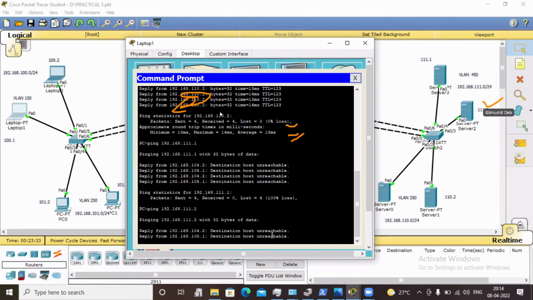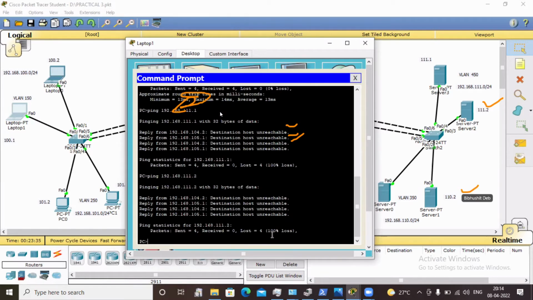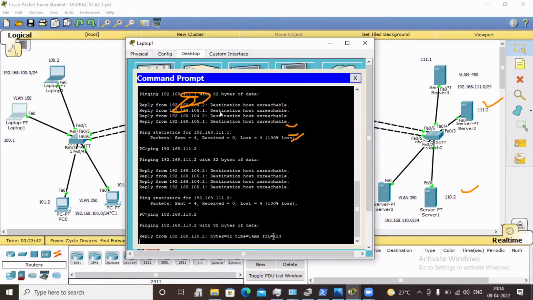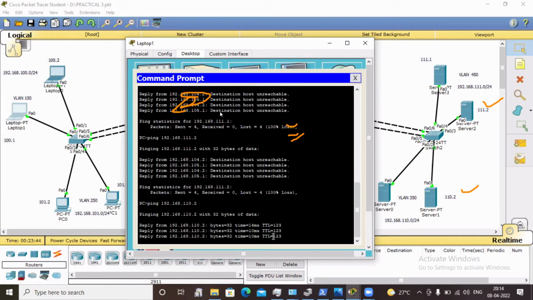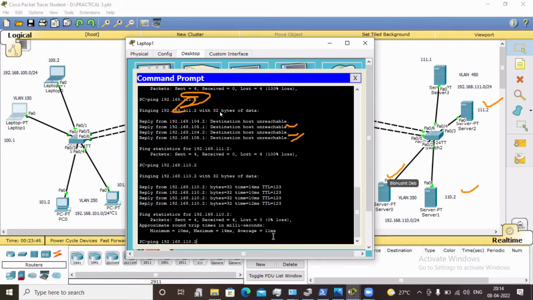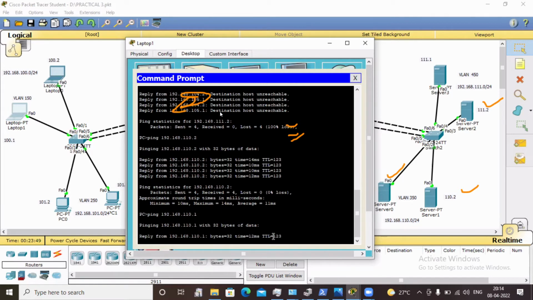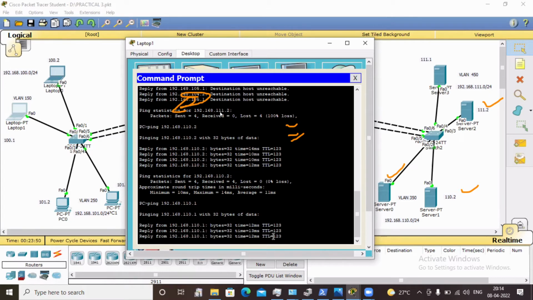Now ping 110.2. You should get reply. And 110.1. Getting the reply, right?